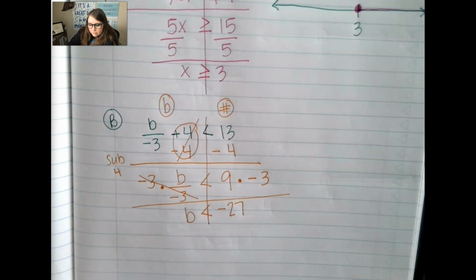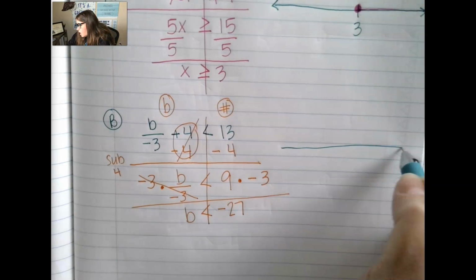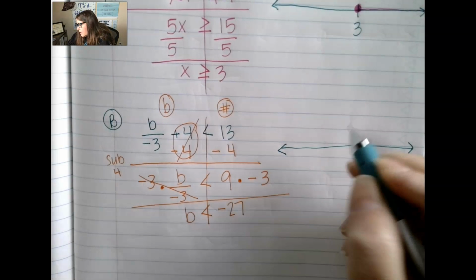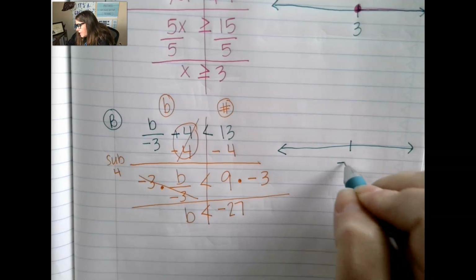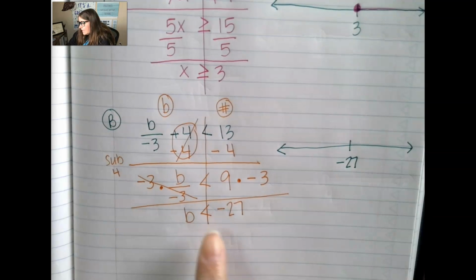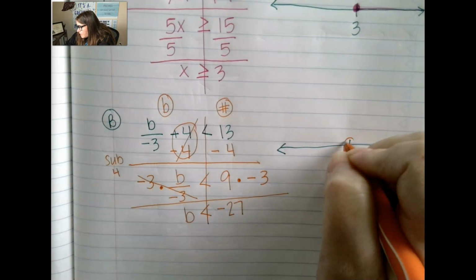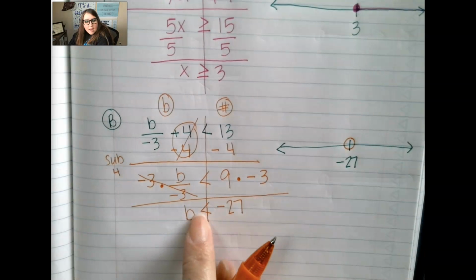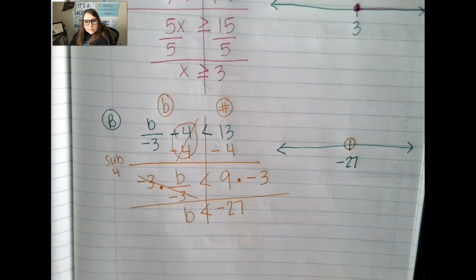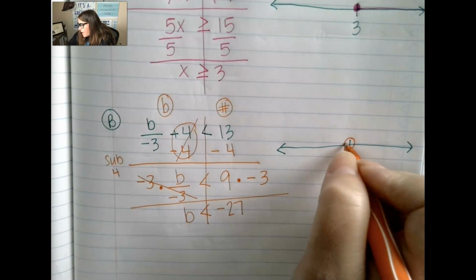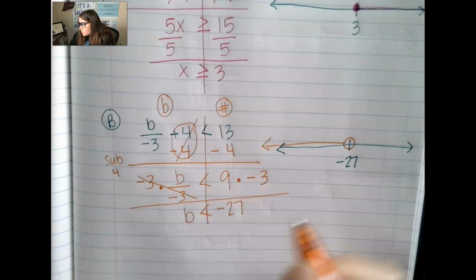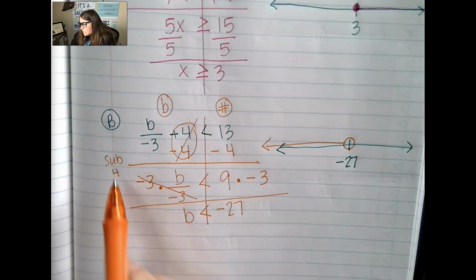We're ready to graph this inequality now. We draw the arrow, and at -27 it is an open dot, and our arrow is pointed to the left.